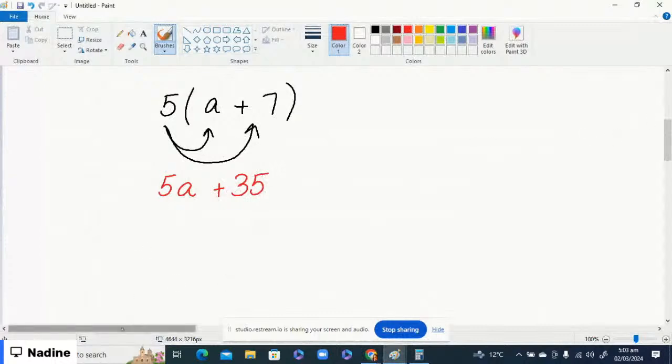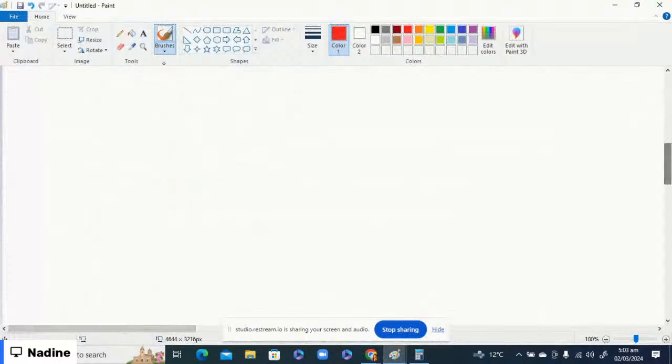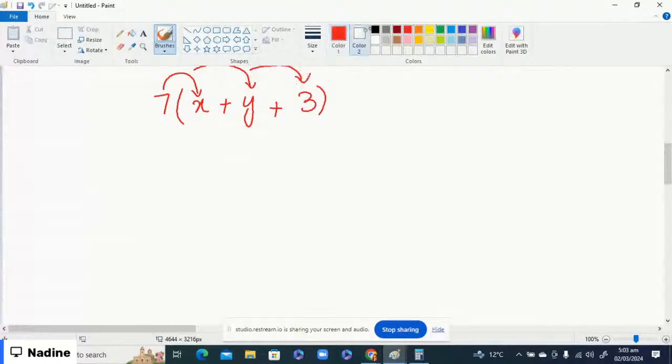For example, here I'm going to write 7 into x plus y plus 3. So it means that first 7 is multiplied with this x, then it's multiplied with that y, and then it's multiplied with that 3. Okay, so when 7 is multiplied with x, what is the answer?